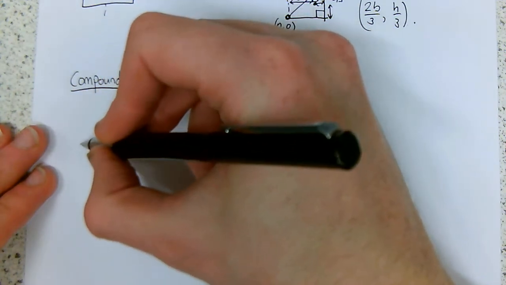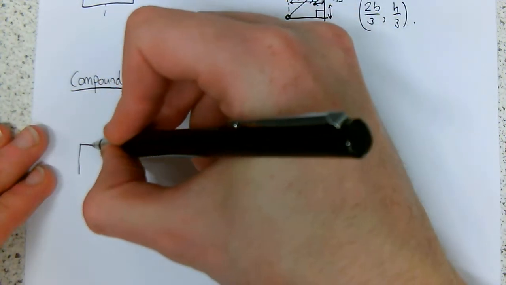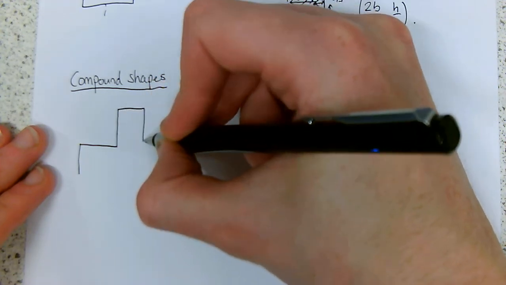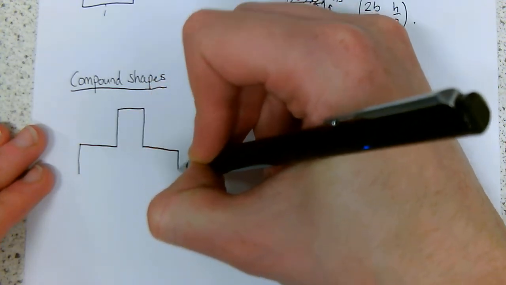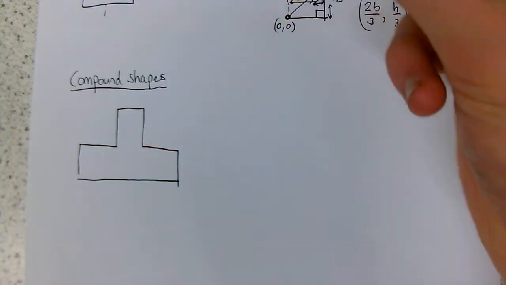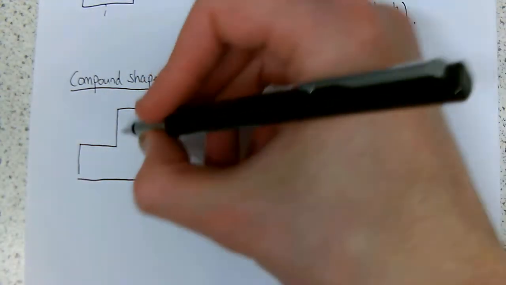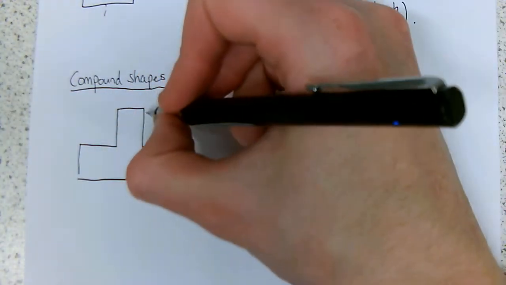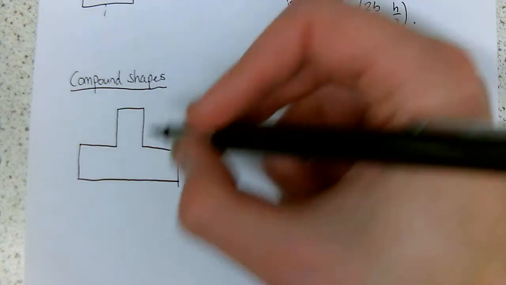So here is a compound shape. We're going to use the same hammer shape as before, which hopefully is coming out roughly square. These are meant to be right angles, as good as we can get. Let's put some dimensions on here.